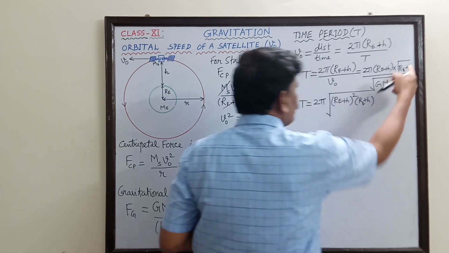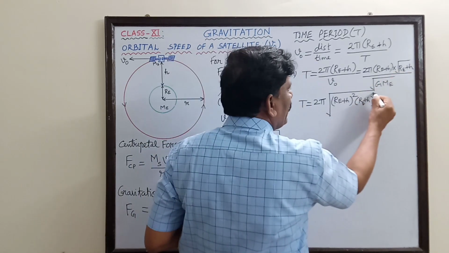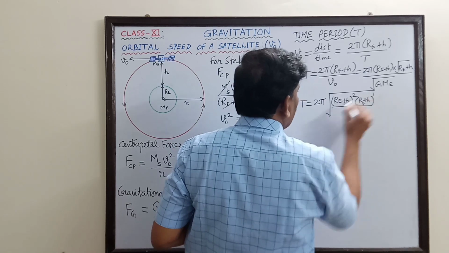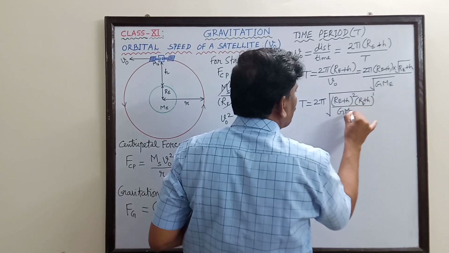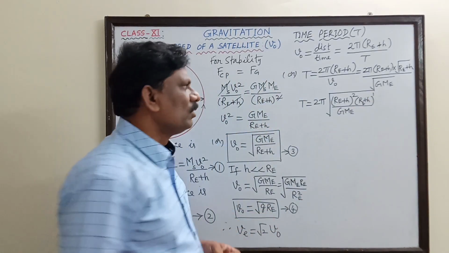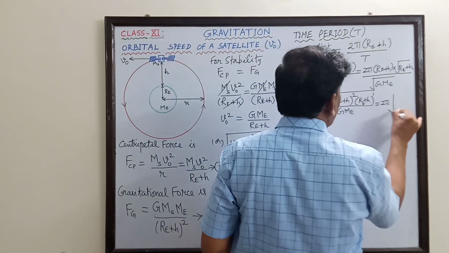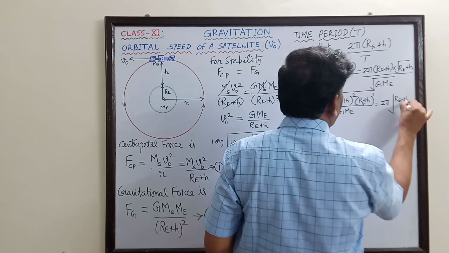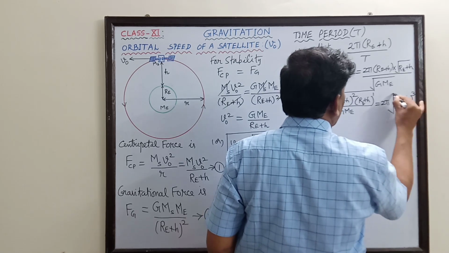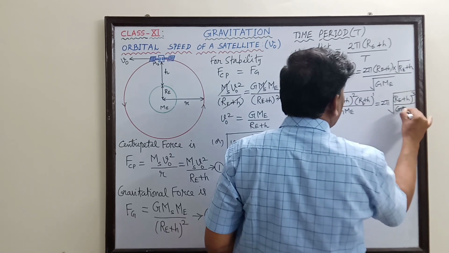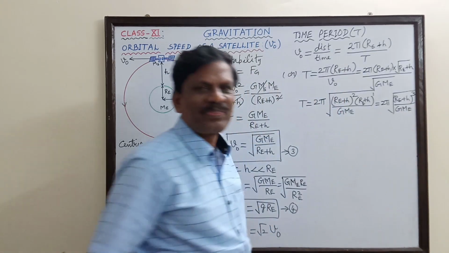Already it is inside the square root, so this is power 1, divided by GME, which is also already inside the square root. So this can be written as what? 2 pi into square root of (Re plus H) whole cube divided by GME.